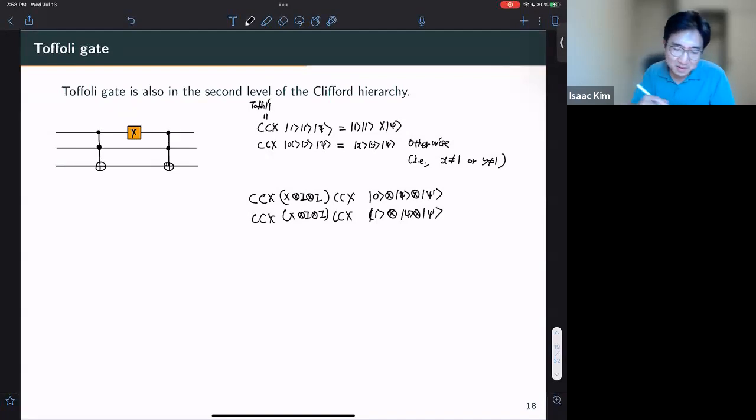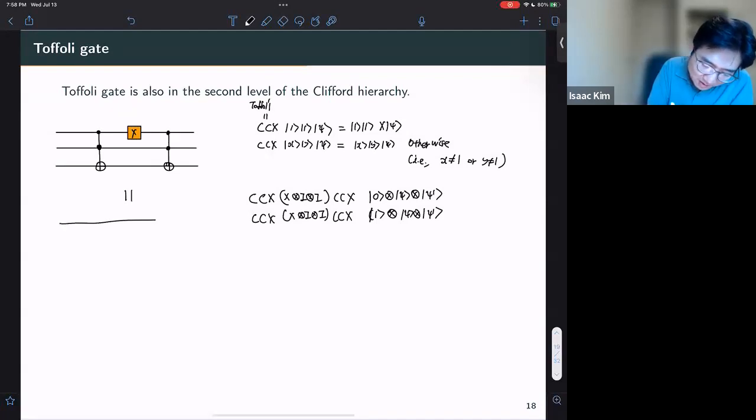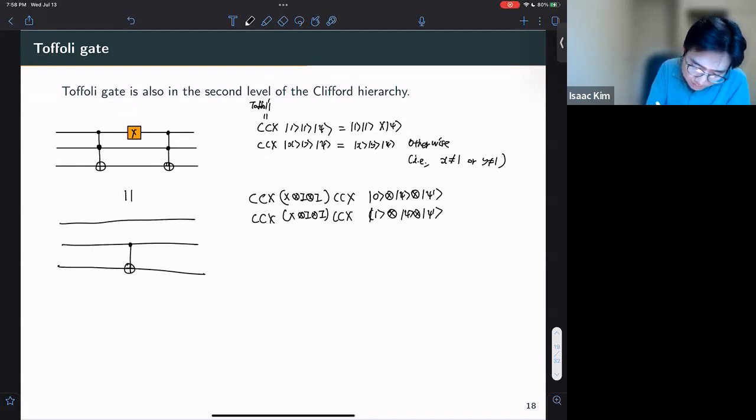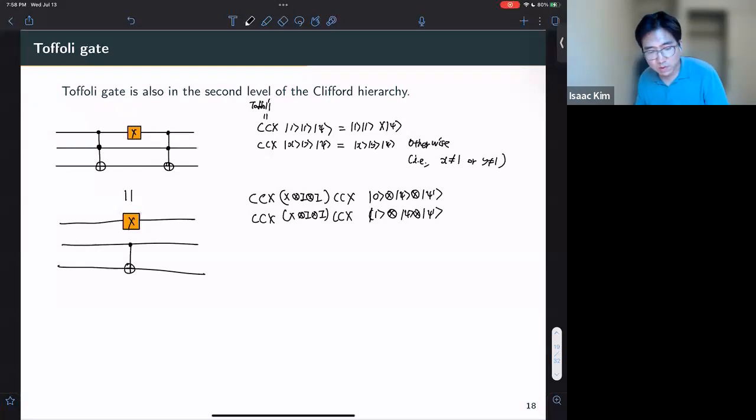And essentially what you end up getting is X times X tensor product C0 gate.